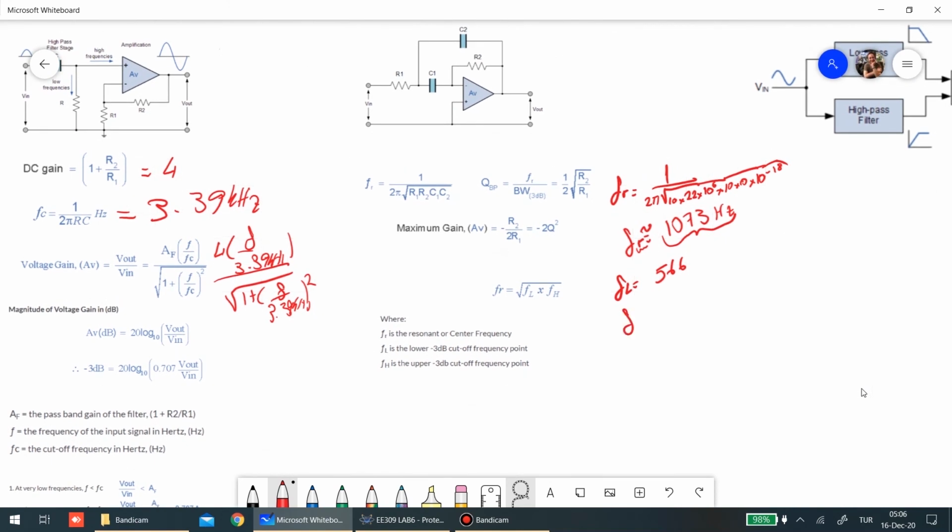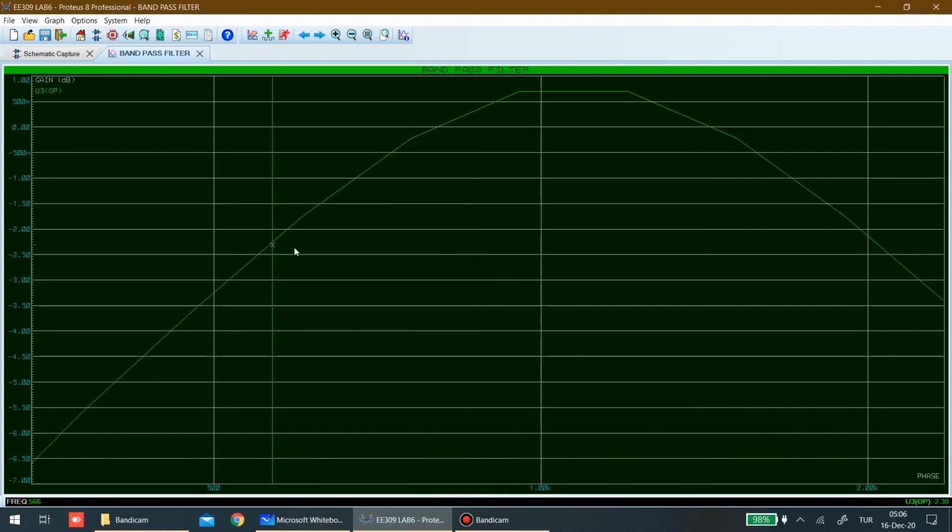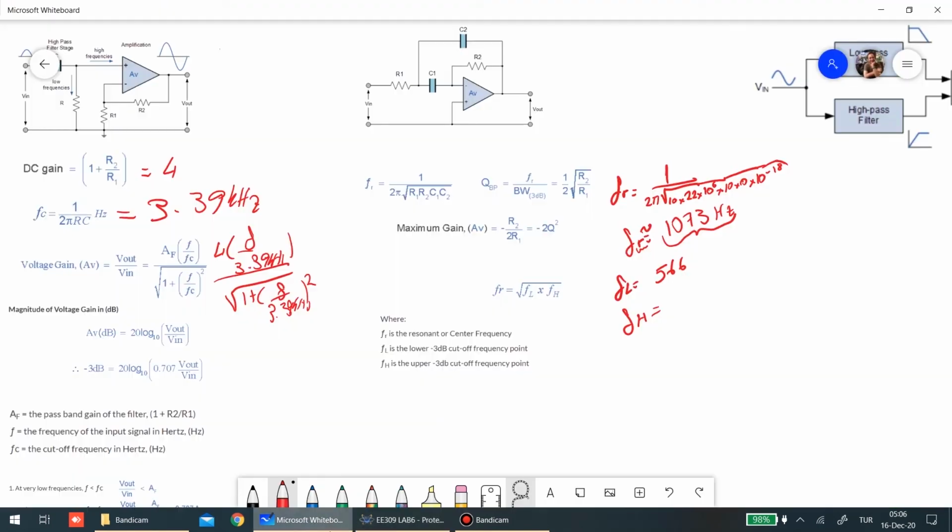And what about the higher cutoff frequency? It is 2.05 kilohertz.